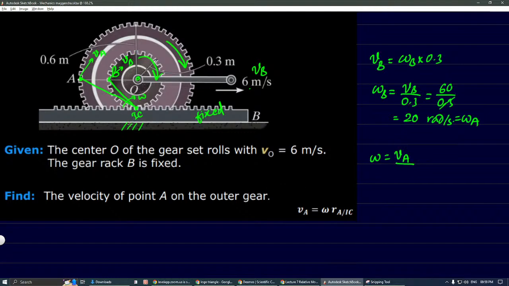This distance is how much? This distance is 0.3, the radius of the smaller gear, no? And this distance is 0.6, no?